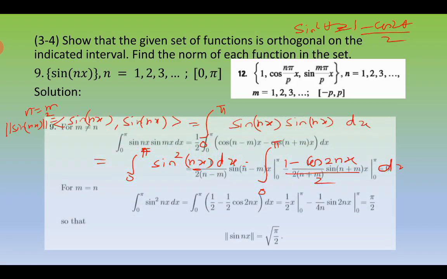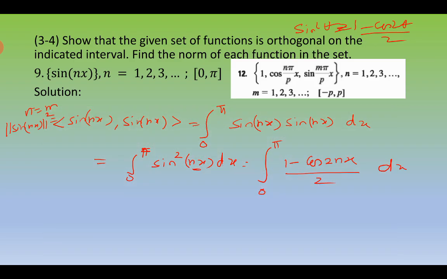into dx. Now you can write this 1 over 2 outside and integrate term by term. Integration of 1 dx will be x, integration of cosine 2nx will be sin 2nx over 2n from 0 to pi. Now simplify and check.